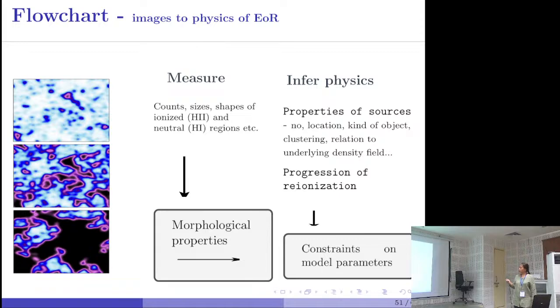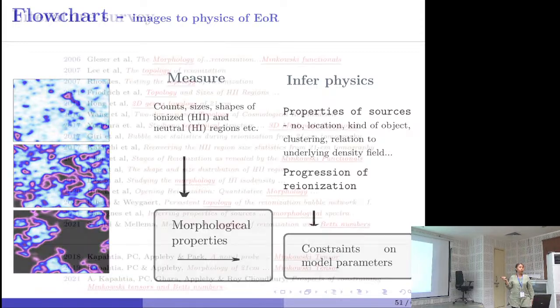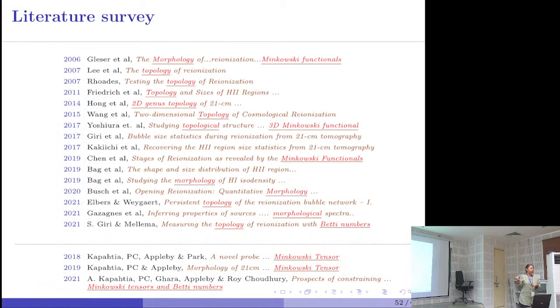Just to give you an idea of how morphological methods have been applied in 21 centimeter studies, there is a timeline of how people have applied them. I think maybe the first papers appeared around 2006 by Glaser et al. This one used Minkowski functionals. This one used only the Euler characteristic.